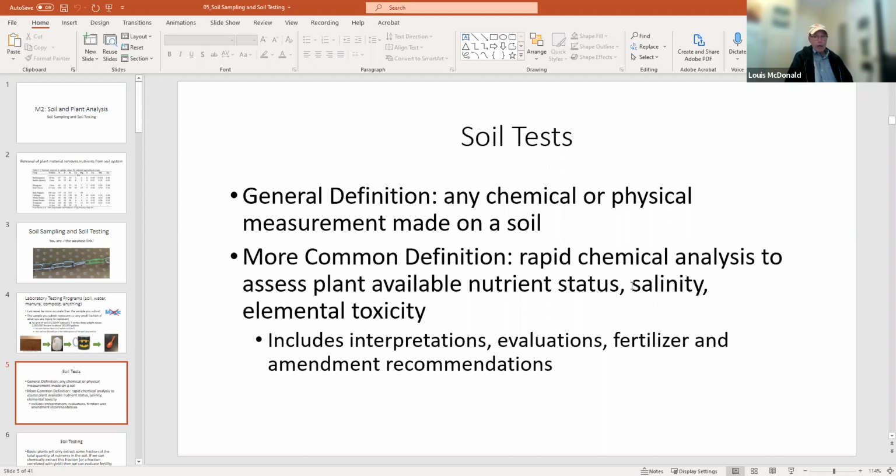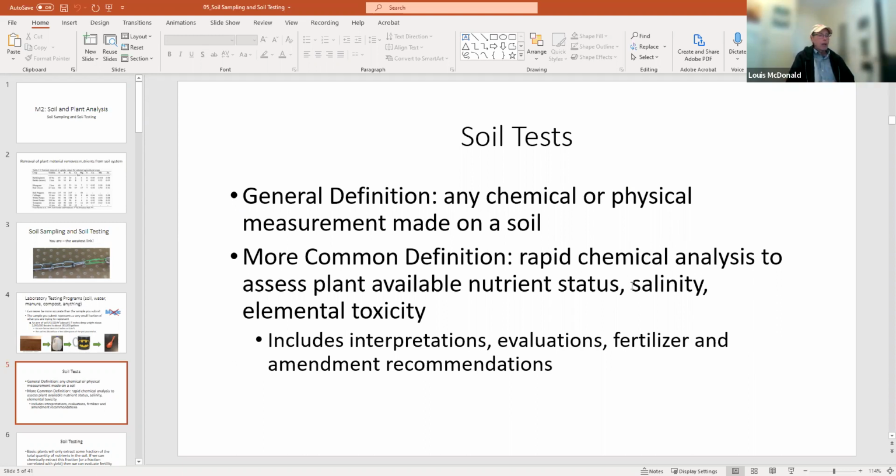And I know how university laboratories do it. I don't know how the private laboratories do it. University laboratories do it based on years and years and years of extensive and tedious field trials that have correlated fertilizer response trials to soil test data, right?